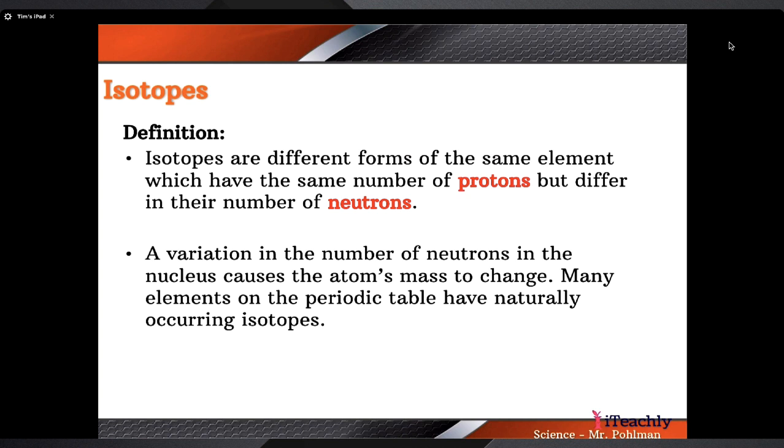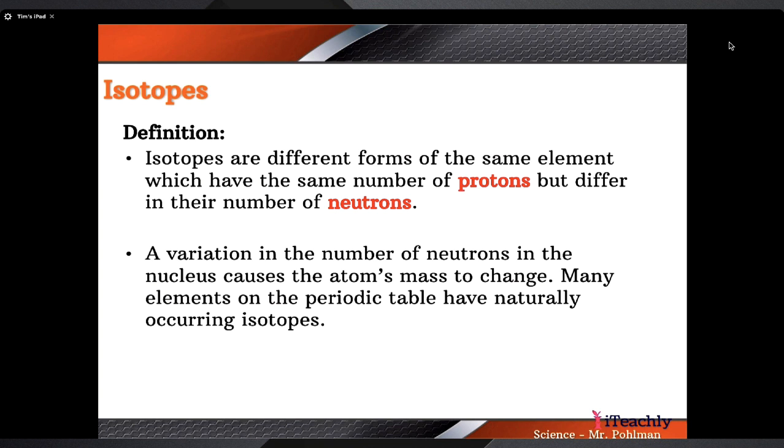First, let's define what an isotope is. An isotope is the exact same element, but there are differences in that element. For example, if you had a family that you know, and they're twins or triplets, they might look exactly the same.